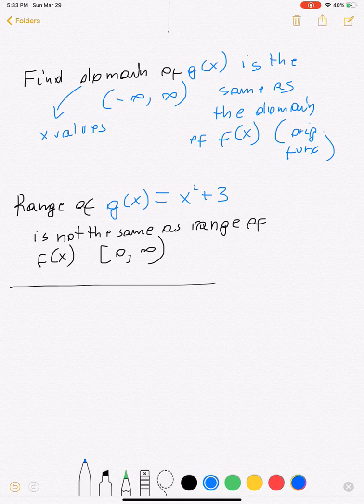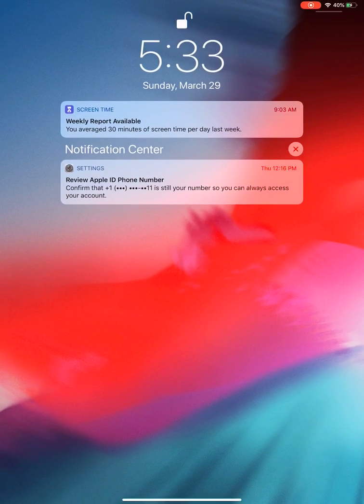Now range of g of x is 3 to positive infinity, so that function exists only for y values from 3 to positive infinity. Okay, I'm going to stop here and then I will continue with the next video soon.